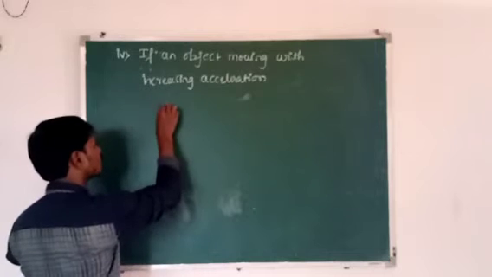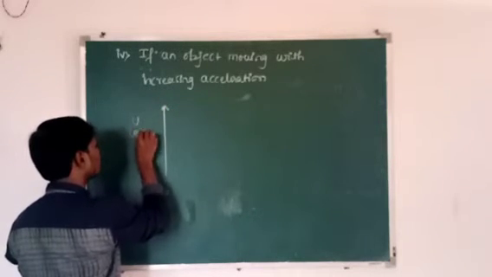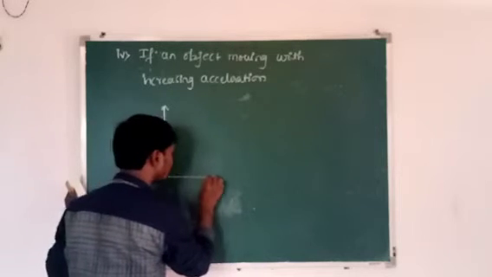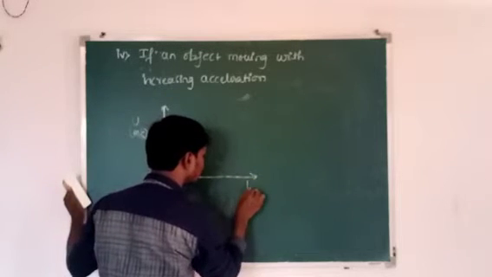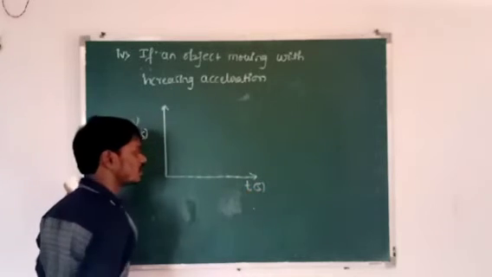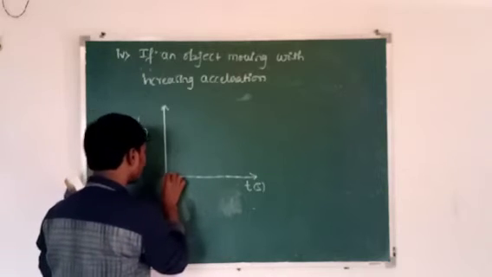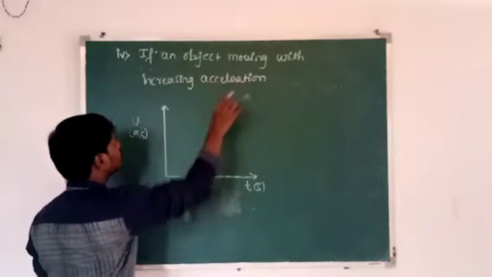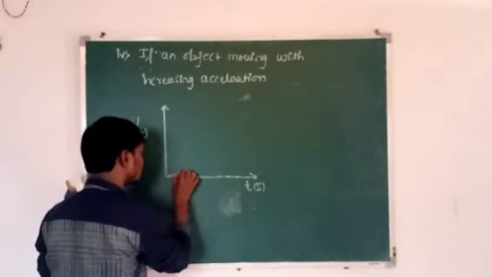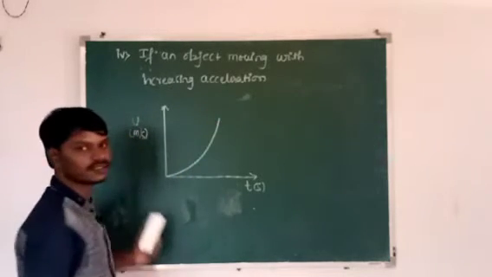Along the y-axis we are going to take the velocity, that is in meter per second, and along the x-axis we are going to take the time. Here the velocity is changing with respect to time. If there is a change in velocity with respect to time, that is called acceleration. So what is the graph for an object moving with increasing acceleration? This is the graph.